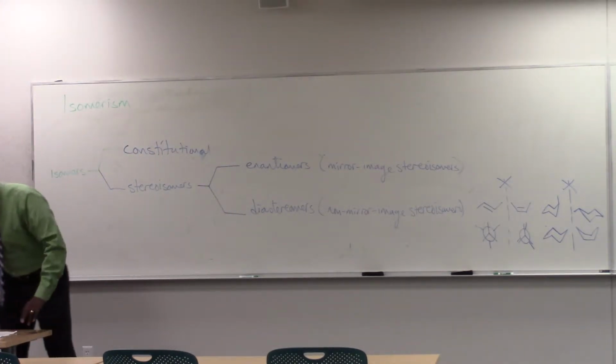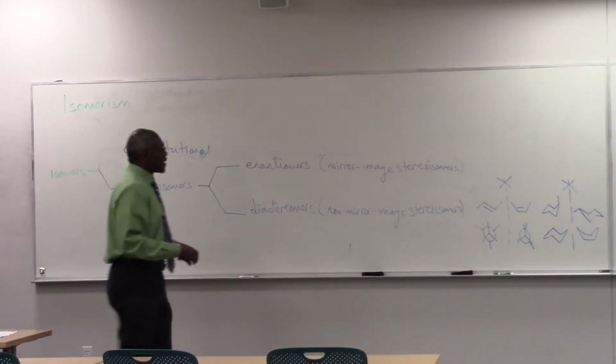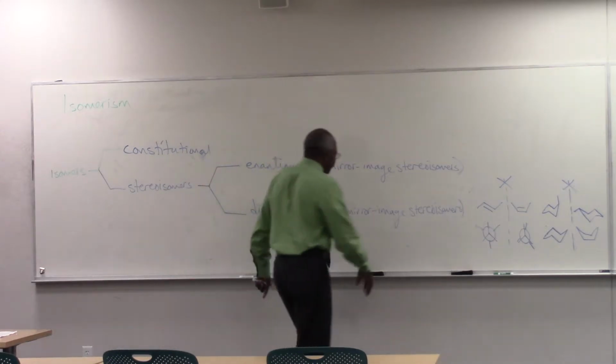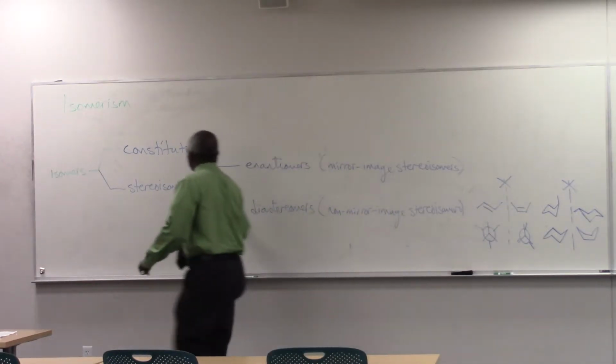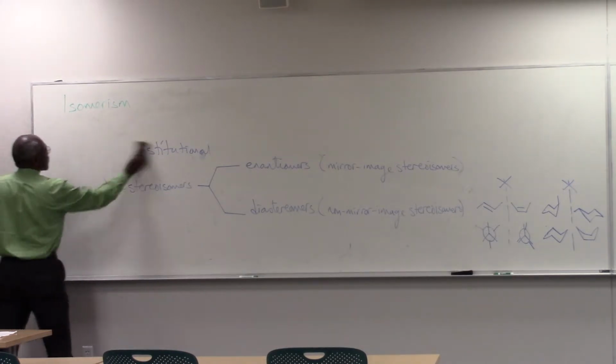So what exactly then are mirror image stereoisomers? What are enantiomers? And how do they arise? I'm going to treat this in a very simple way, which really gets to the heart of it.